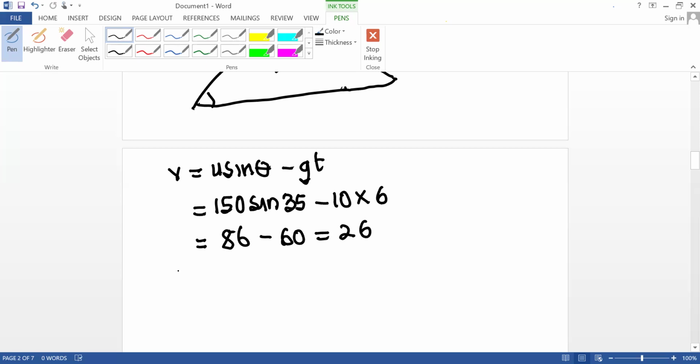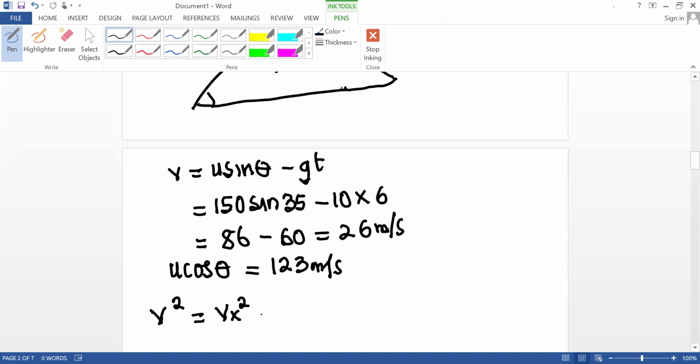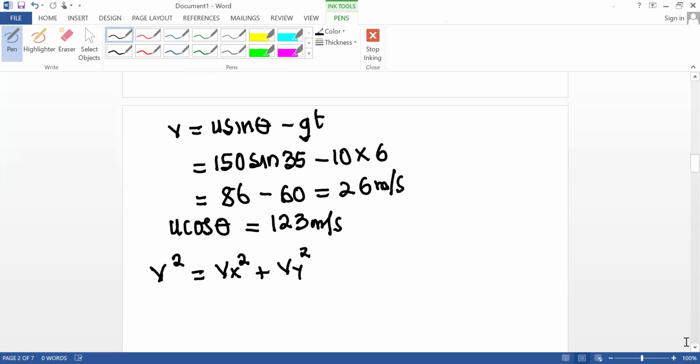Meanwhile, we realize that the horizontal velocity is u cos theta, which is approximately 123 meters per second. And so the resultant velocity v squared will be equal to vx squared plus vy squared. We found vx, we found vy, so the rest must be easier.